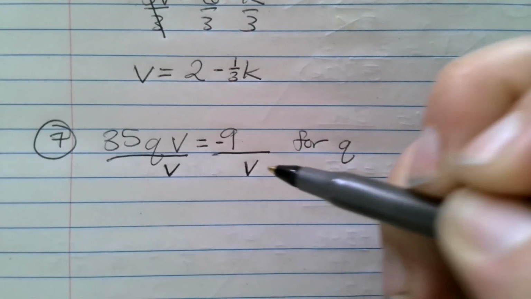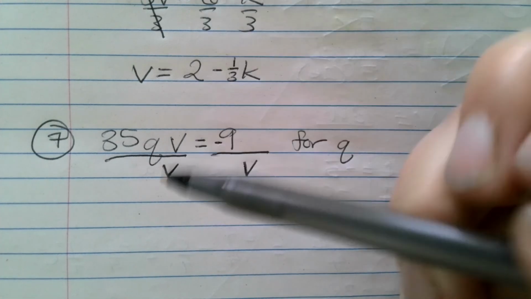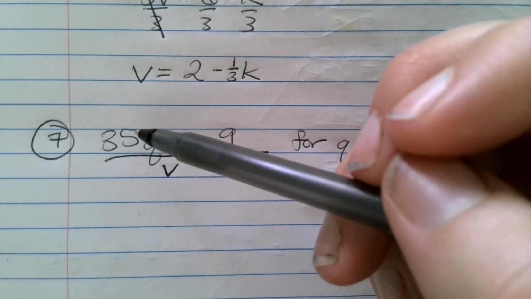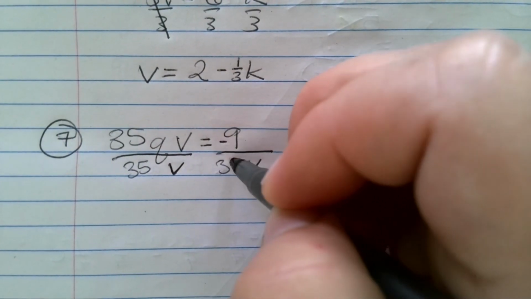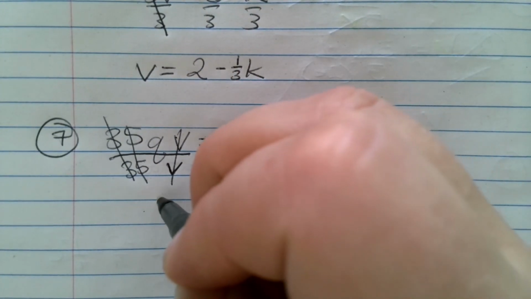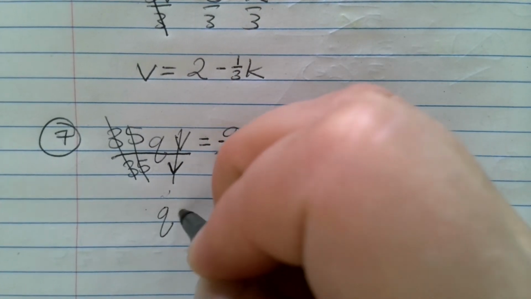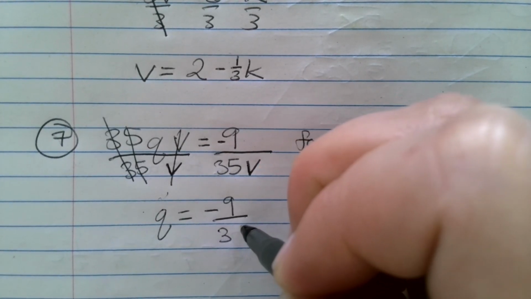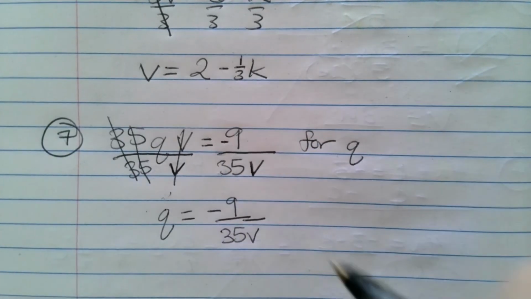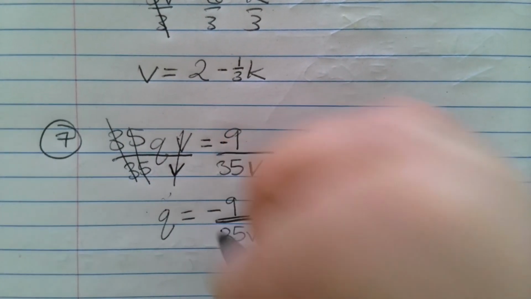Okay, how do I get rid of the 35? Add, subtract, multiply, or divide? Divide. So since I'm doing the same thing, I'm going to do it at the same time. Cancel. I've got Q equals negative 9 over 35V, and you're done. Is that pretty easy?